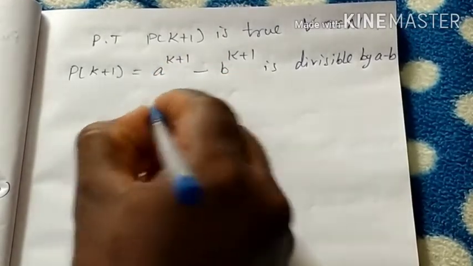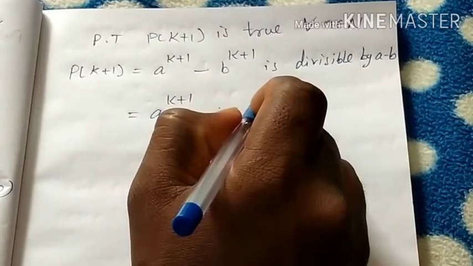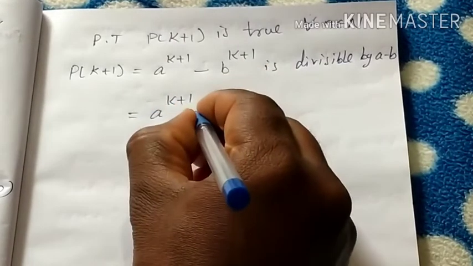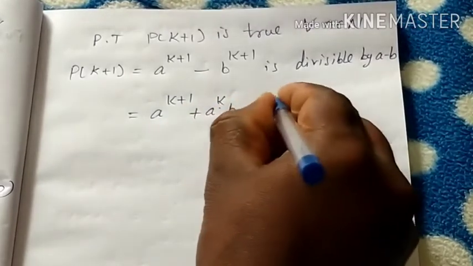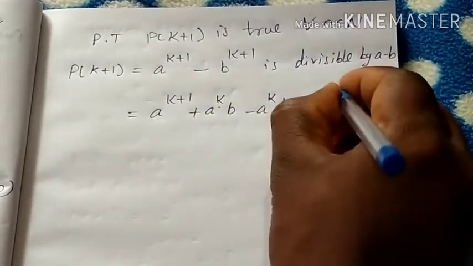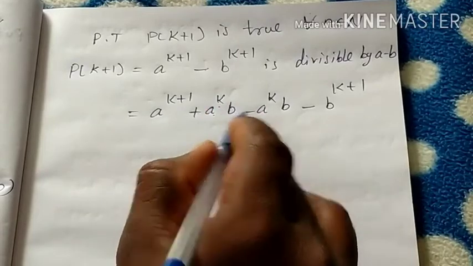So this can be written a power k plus 1, here add and subtract a power k into b. So plus a power k into b minus a power k into b, then minus b power k plus 1.